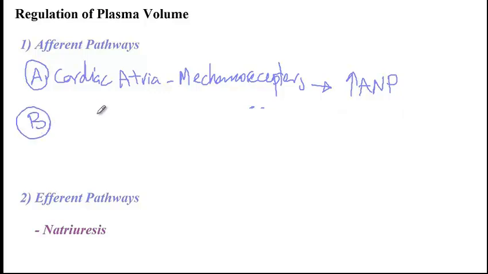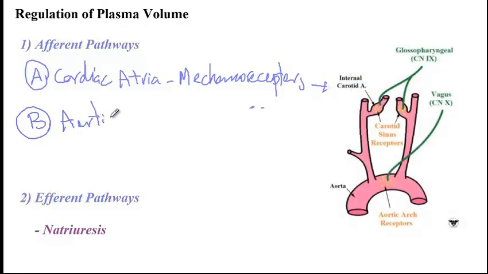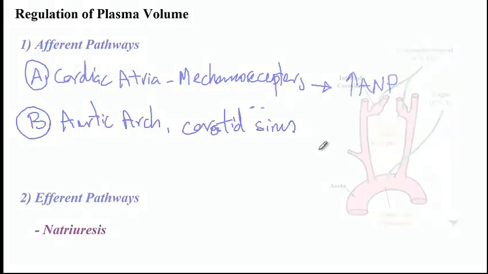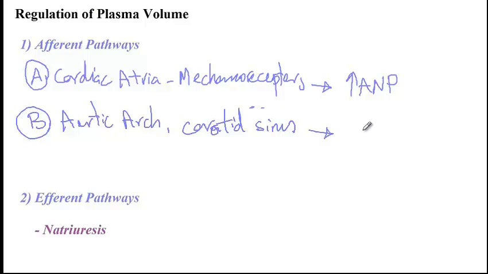is by mechanoreceptors that are found in the aortic arch as well as the carotid sinus. And these mechanoreceptors again detect changes in the blood pressure and regulate the activities of the sympathetic nervous system and the renin-angiotensin aldosterone system.